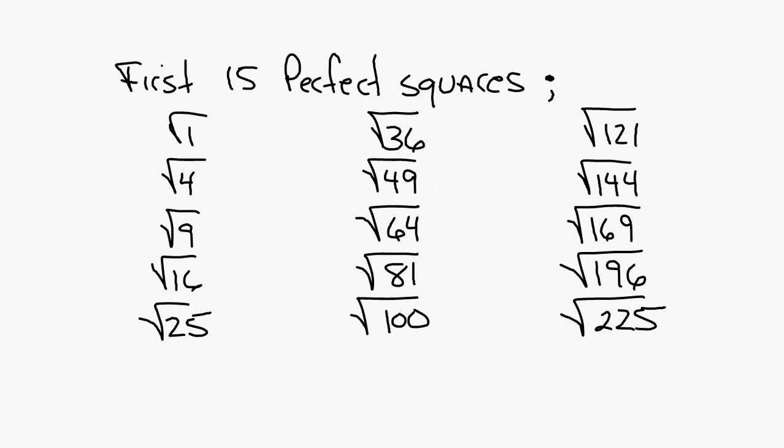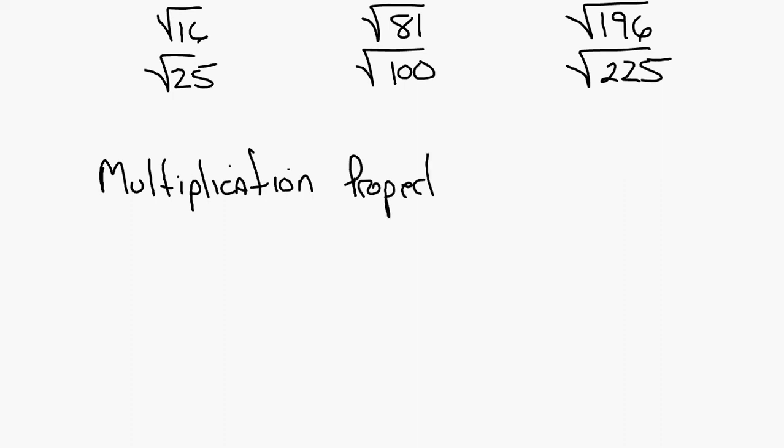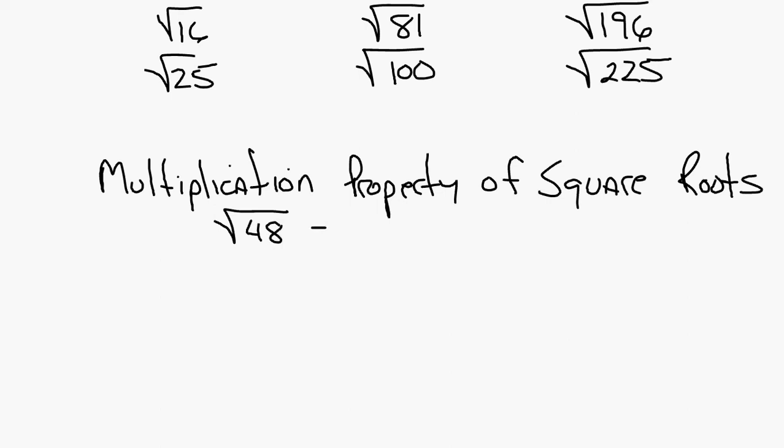Okay, and then write this down as well, please. Multiplication property of square roots. Multiplication property of square roots says that the square root of 48 is equal to the square root of 16 times the square root of 3.